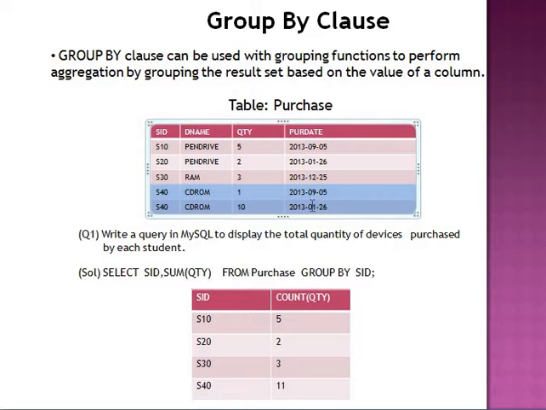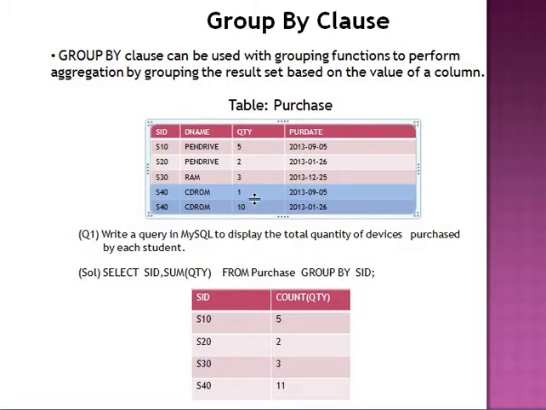On 26 January 2013, he has purchased 10 quantities of the device CD-ROM, and on 5 September 2013, he has purchased only 1 quantity of that CD-ROM. So the total quantity of devices purchased by the student bearing the SID entry S40 shall be 10 plus 1, which is 11.